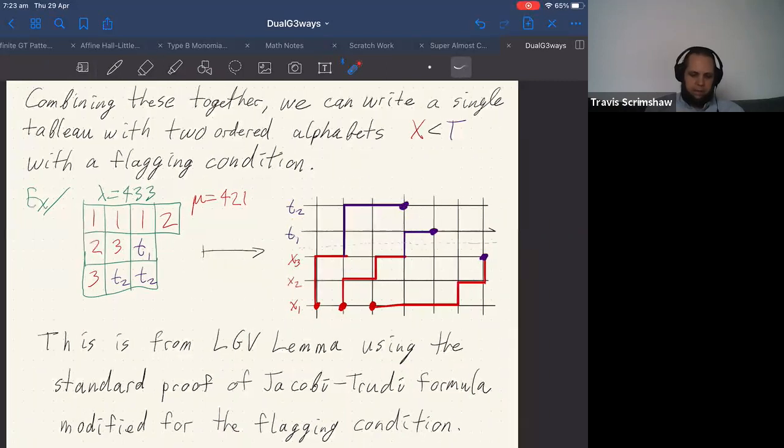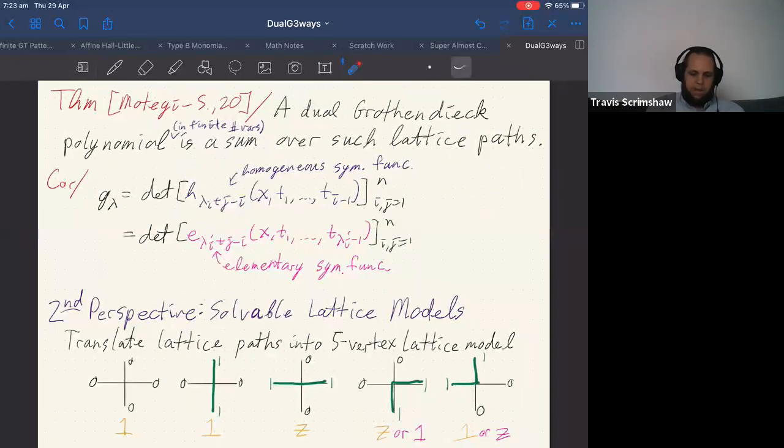So with all of that, what we have is that in finitely many variables, a dual Grothendieck polynomial is just a sum over these lattice paths. And using this, we can write it two ways. The first is using the elementary symmetric functions, and the other way is using the homogeneous.